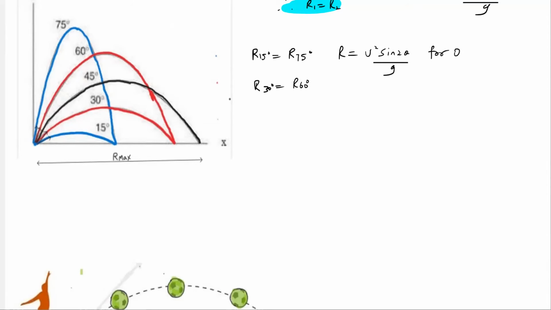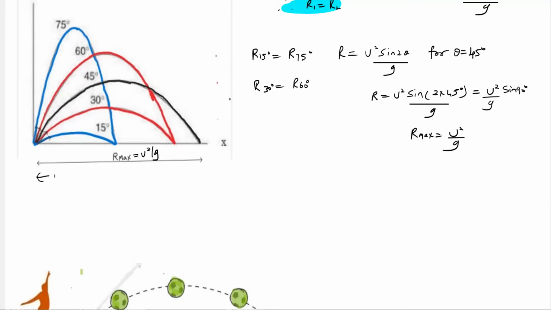Here I brought it, so you can see this clearly. For 15 degrees, the range will be equal to that of 75 degrees.